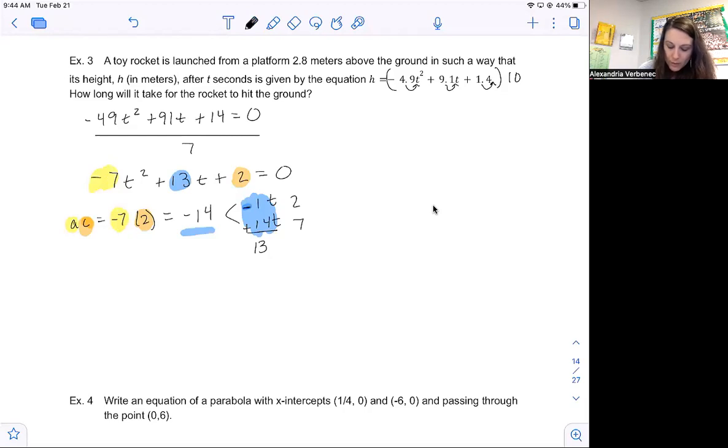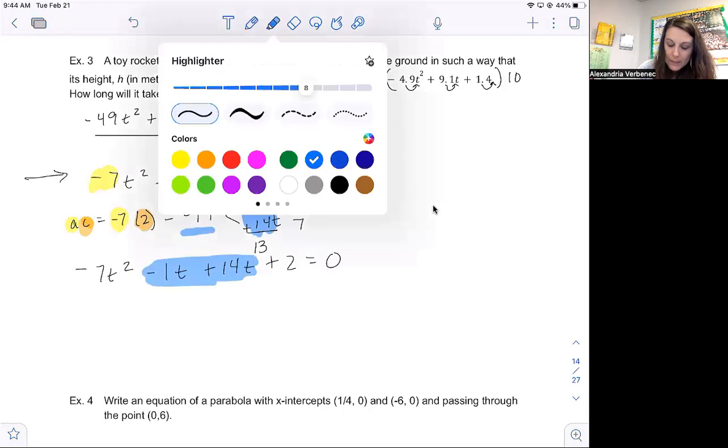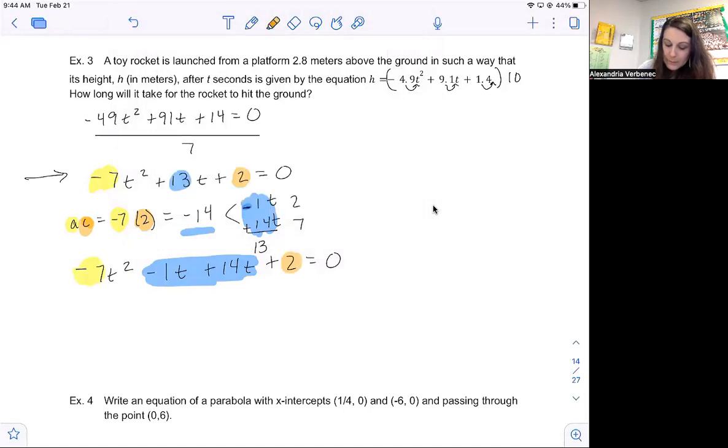But I'm going to do negative 1t plus 14t and then plus 2 equals 0. Remember, I'm replacing the middle term, even though it's equal to what I started with. I'm keeping the A value and I'm keeping the C value in this factoring method.